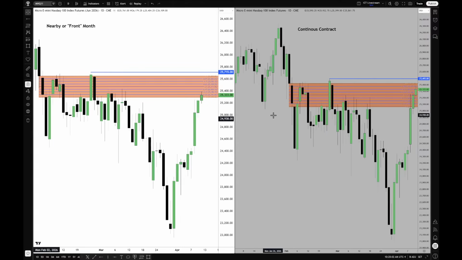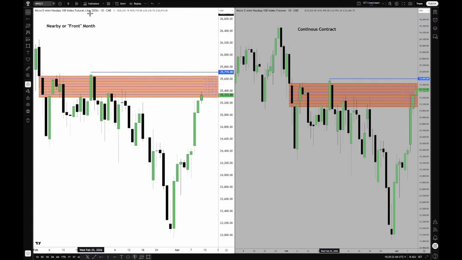And there would be months that would be the next month out, or the second month. Whereas over here, because this is the June contract, that's our front month or nearby, or lead month. It usually goes by three different names, but front month or nearby is the one that's the most active right now.